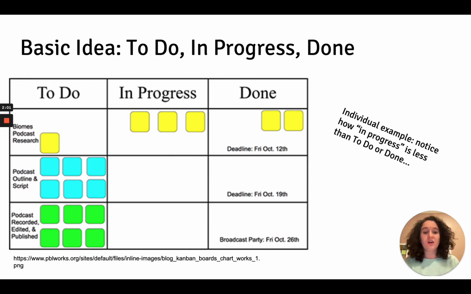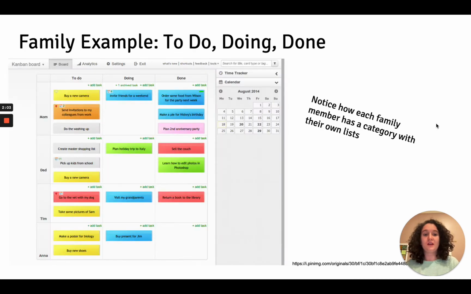Things like that. Another example that I found that I wanted to mention is a family one. So this one, I'm not sure what tool they used to make this, but you could easily replicate this either on Google Calendar, you can do a to-do, or I'm going to show you some other ways that you could do it in a moment.